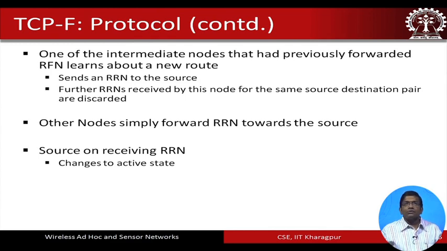Further RRNs received by this node for the same source destination pair are then discarded, because it has sent the RRN, so why again increase the overall communication overhead in the network. The other nodes simply forward the RRN towards the source, and the source on receiving the RRN changes to the active state.